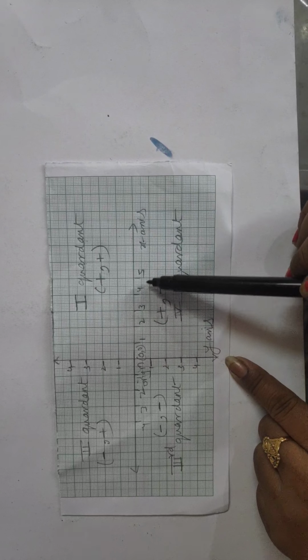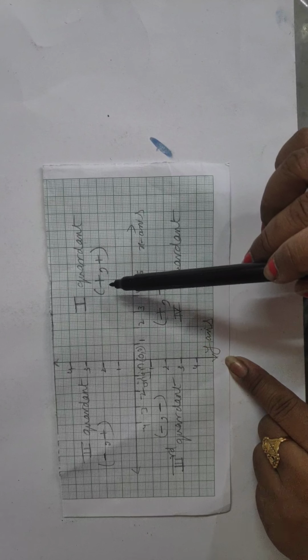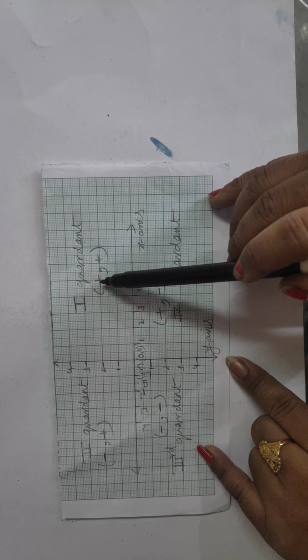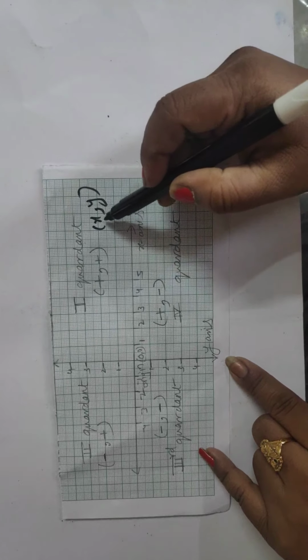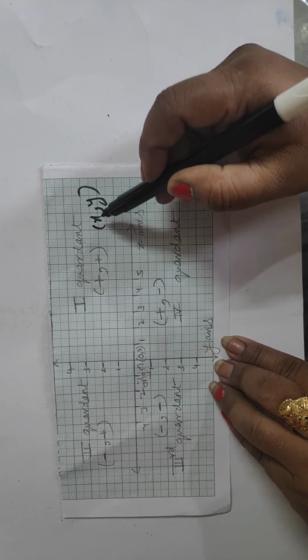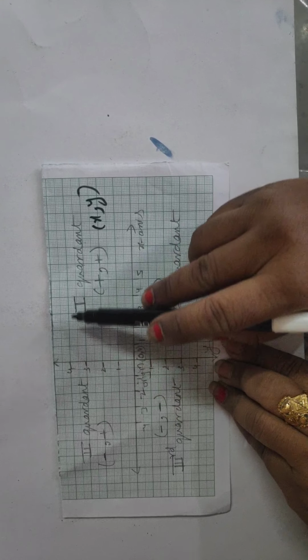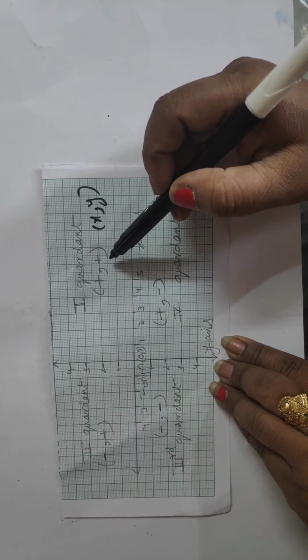Here the numbers are positive for the x-axis as well as for the y-axis. So when we get the coordinates in the first quadrant, it will be positive and positive. Always the first coordinate, for example, we have x and y. The x always represents the abscissa, the distance from the y-axis, and the y represents the distance from the x-axis.